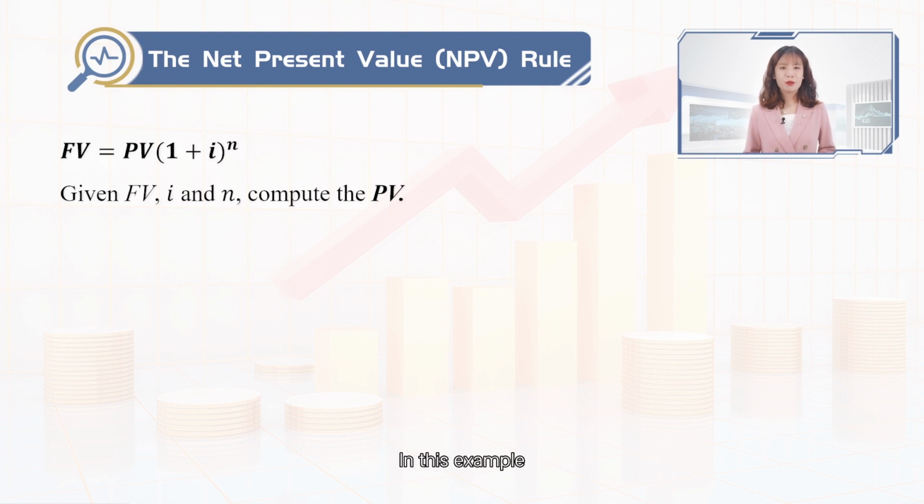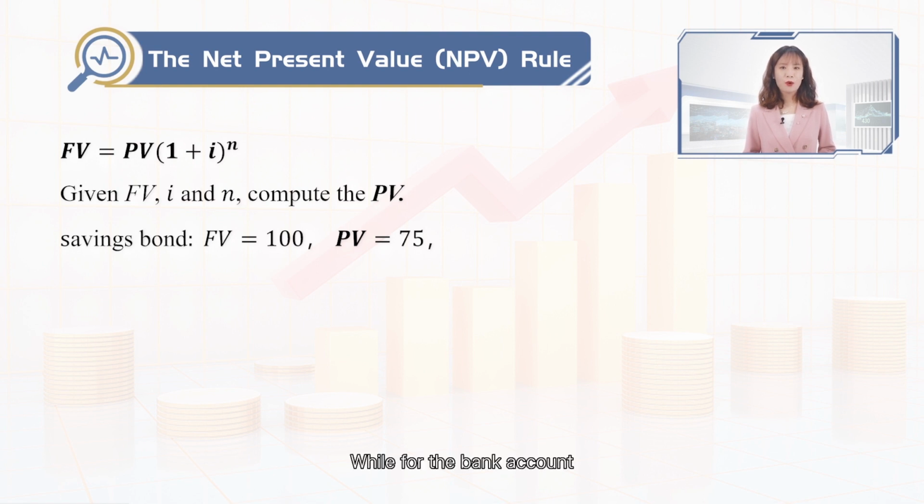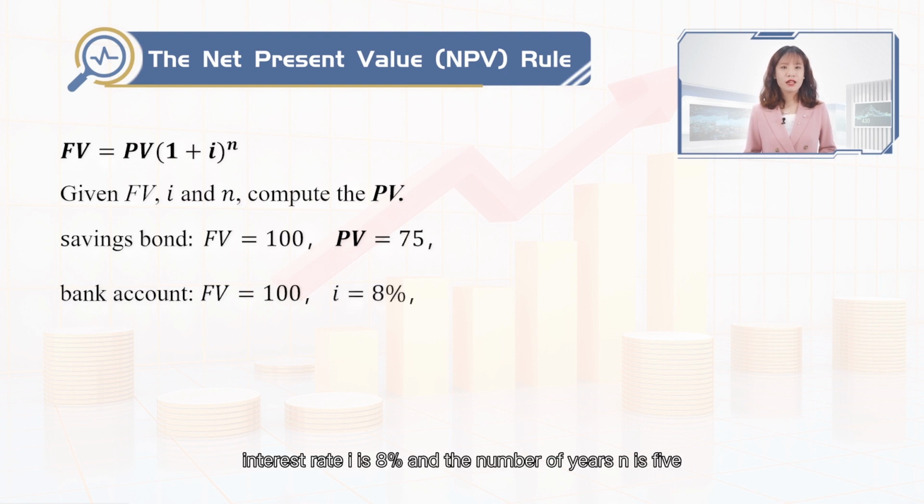In this example, for the savings bond, its FV is $100 and its PV is $75. While for the bank account, FV is also $100, the interest rate I is 8% and the number of years N is 5.